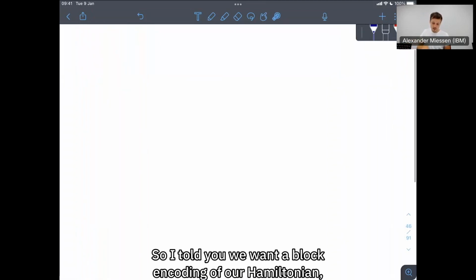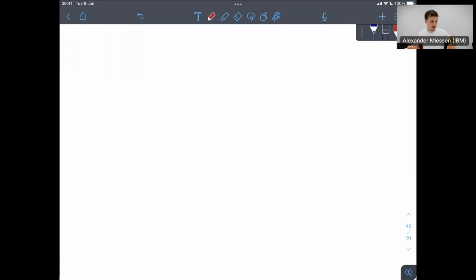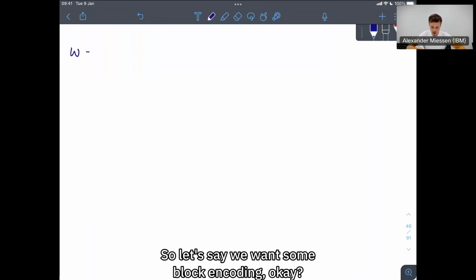So I told you we want a block encoding of our Hamiltonian, yeah? So far, we established this. Let's use a different color. So let's say we want some block encoding, okay?